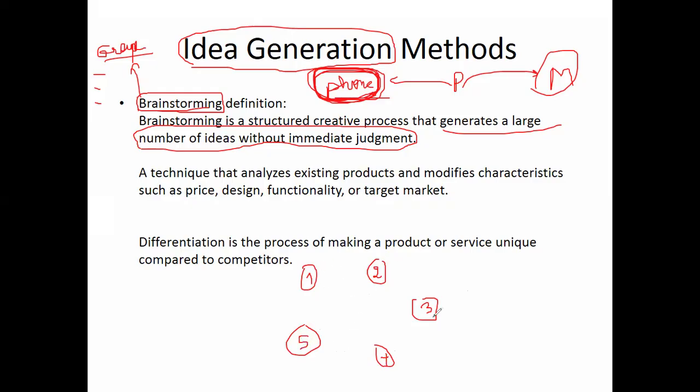Each one of the members will give us an idea, and we will write it. For example, the first idea from 1, the second from 2. Each one will give one idea by round. We'll do rounds, and each member of this group will give us an idea.